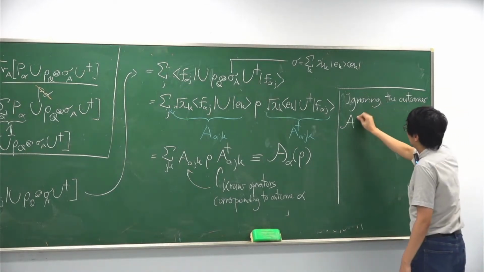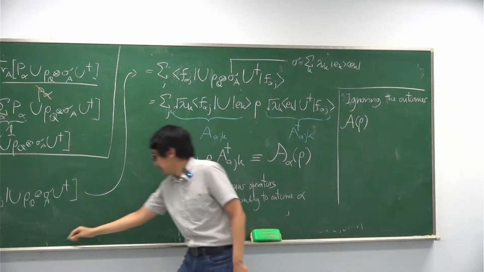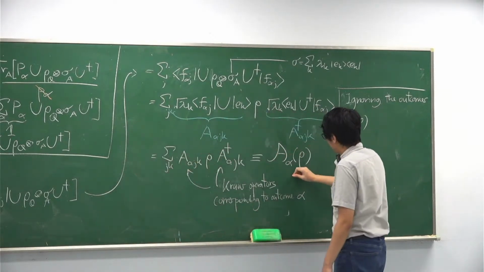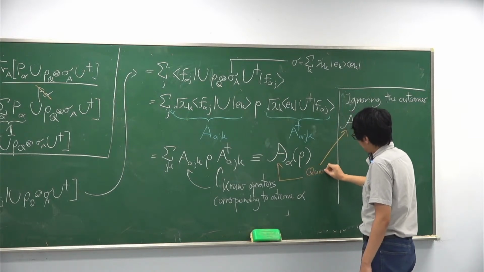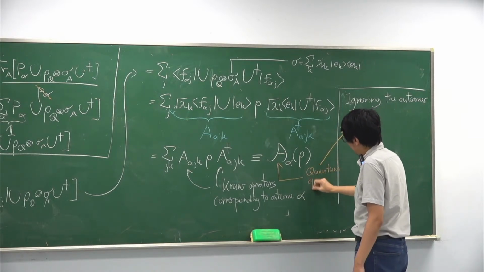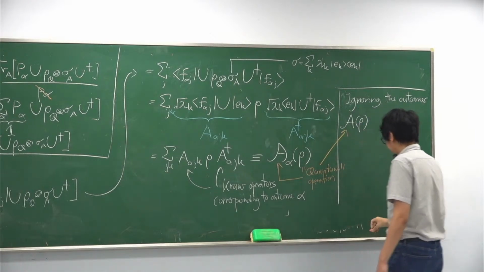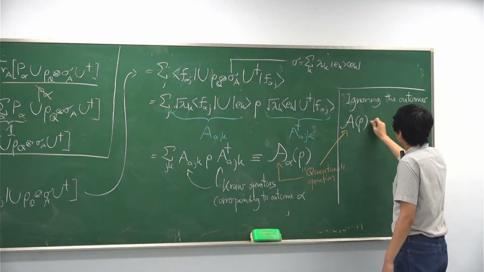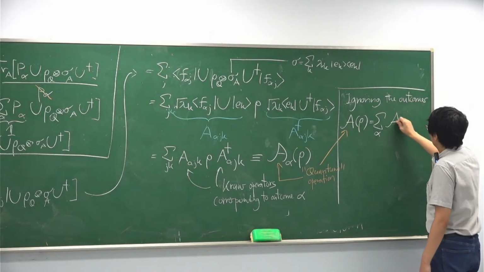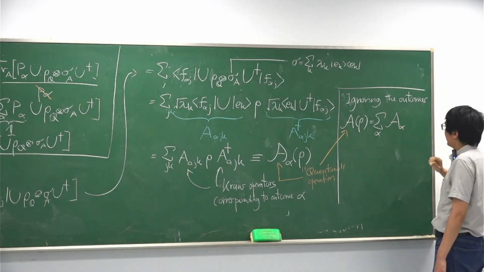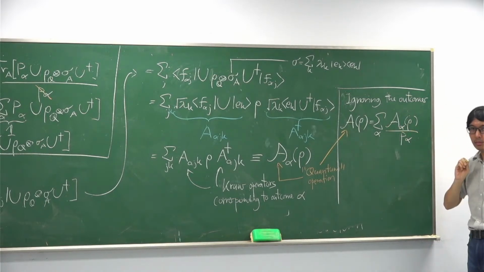If I ignore the outcomes, then the total quantum operation is just summing over all quantum operations for the outcome alpha, then divided by the probability.